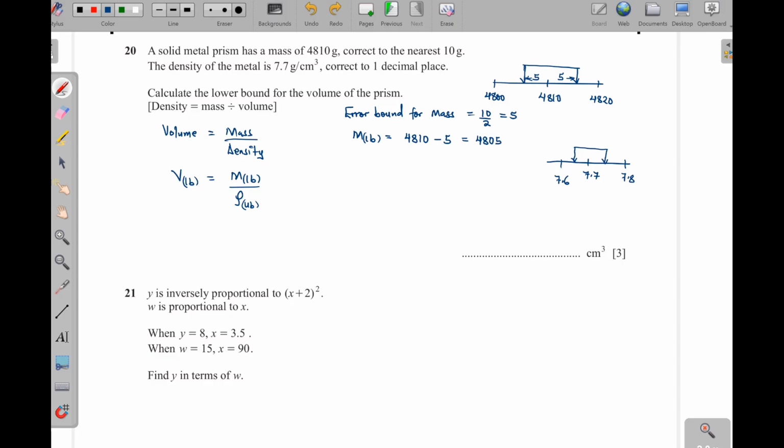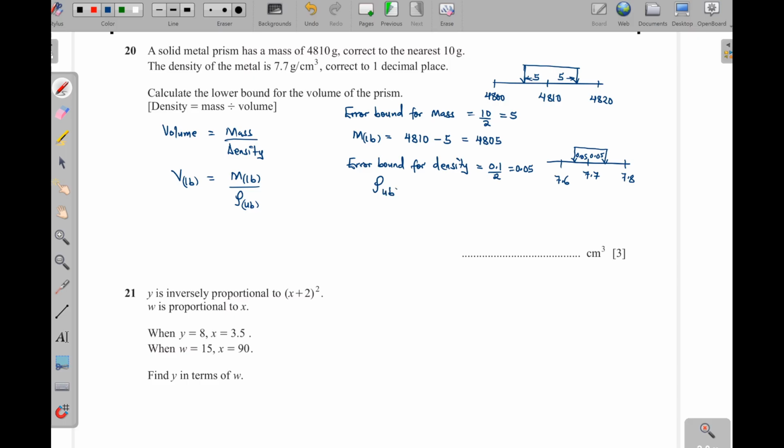Divide it by 2, you get 0.05. Also here 0.05. So we shall say that the error bound for density is equal to 0.1 divided by 2, which is 0.05.